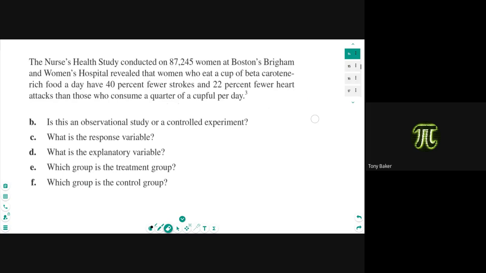Remember, the only thing I said was that an experiment means you're actively engaged in the process. In an observational study, I can still have a treatment and control group. I'm just not controlling what's going on. So even if it's an observational study, I'm still comparing two different groups. The difference between the two is how much they eat.